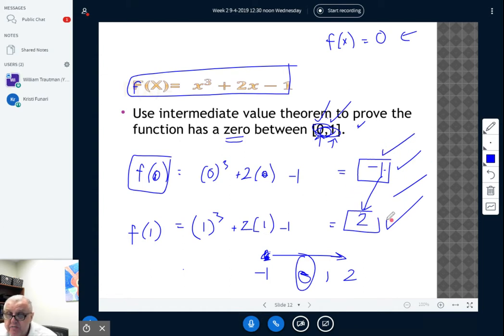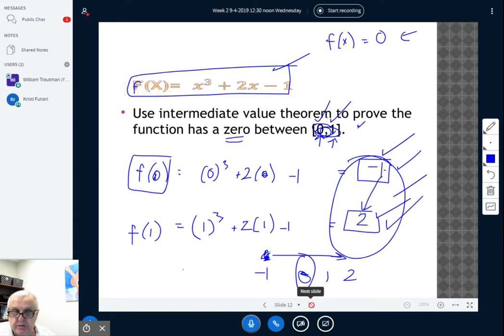If you have a y value of -1 and a y value of 2, we know this function is continuous. There had to be a 0, just because this is continuous, and in order for you to start at -1 and get to 2, you have to bypass 0. So that's what we wanted to do for that. That's the intermediate value theorem.